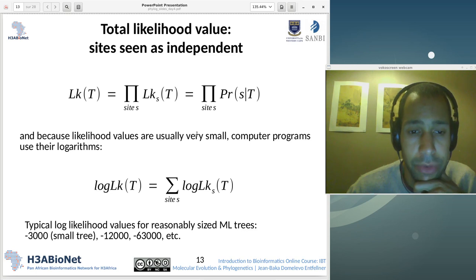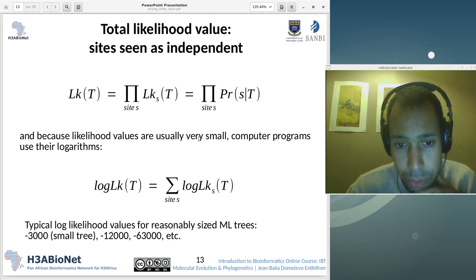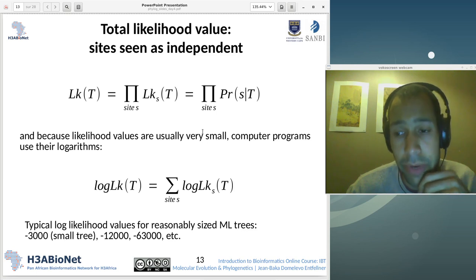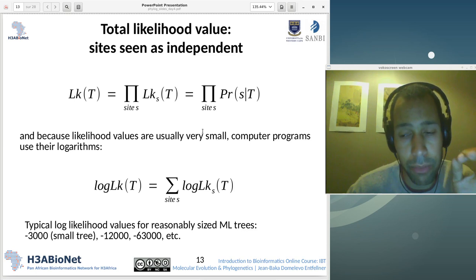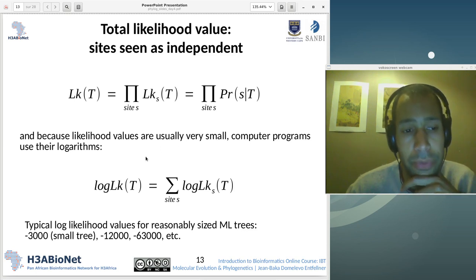And because likelihood values are usually very small, in order to avoid technical issues of numerical accuracy on computers, because computers are not good at dealing with numerical values that are very close to zero and dealing with them with accuracy, computer programs very often use logarithms.